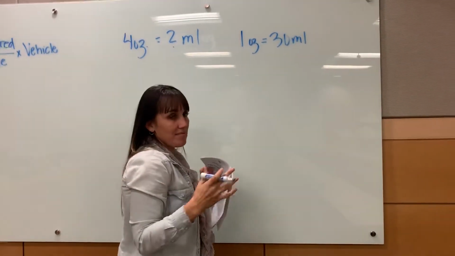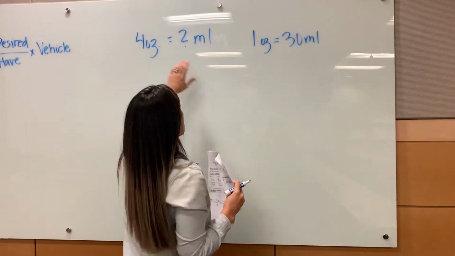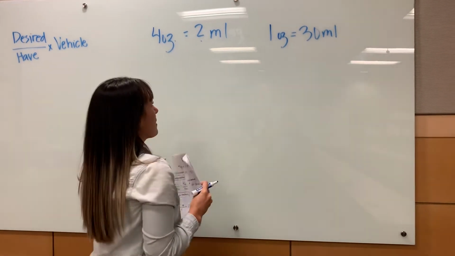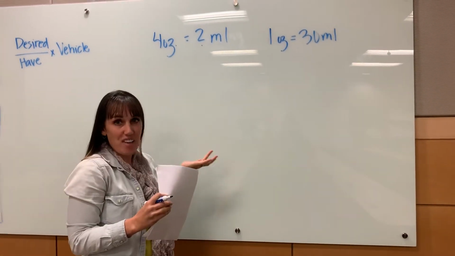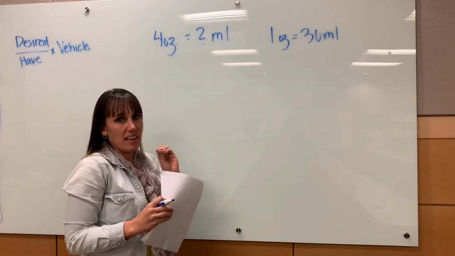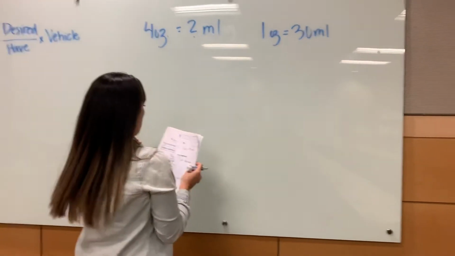That's just the rule, the standard, and it's not going to change. What we need to know is, for 4 ounces, how many mils is that? A lot of you can just look at that and figure it out. I get that. But I want to teach you in a really basic, elementary way so that you can apply it to more difficult problems.